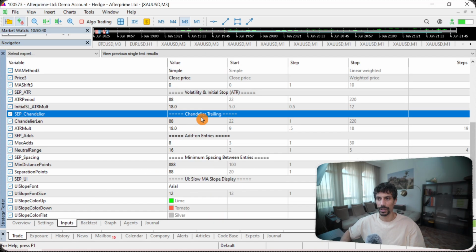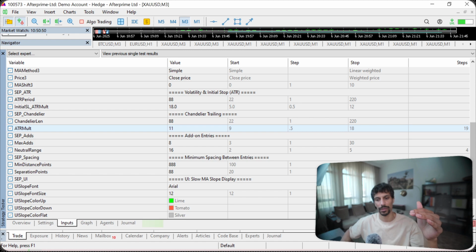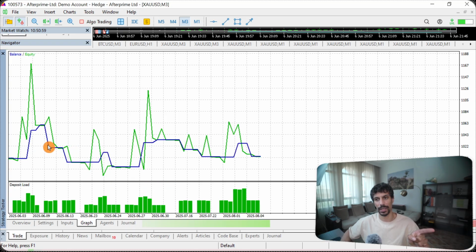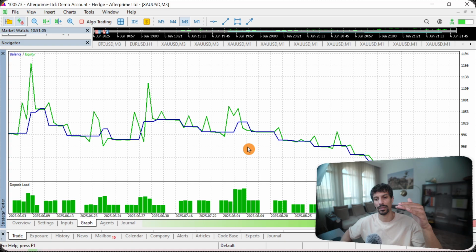The chandeliering is the trailing. So let's try making this 11. It's either going to be a really good idea or a really bad idea, and it just cuts off those trades way too early. Okay, so it seems like it's already mitigating some of those losses because it's trailing well enough. But I'm worried that it's going to also mitigate the wins.